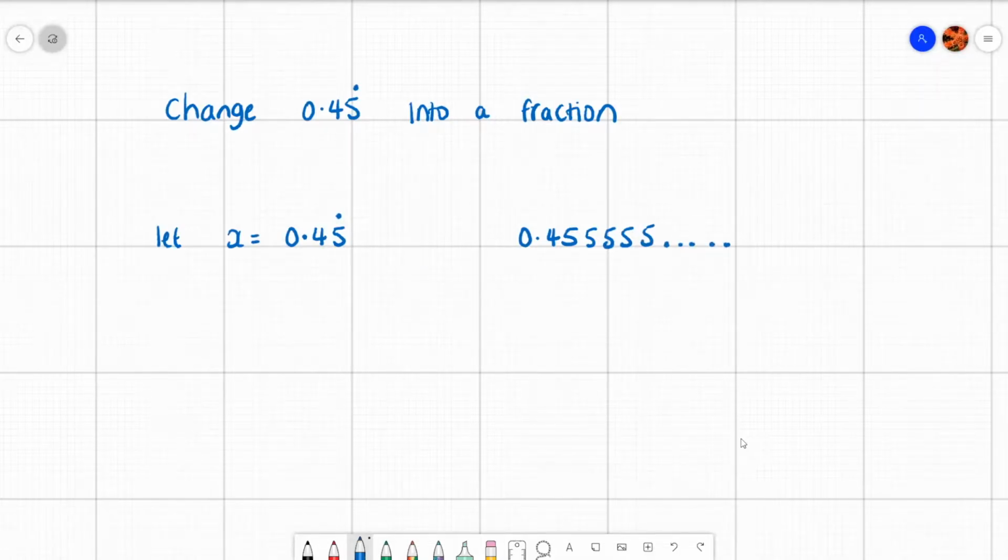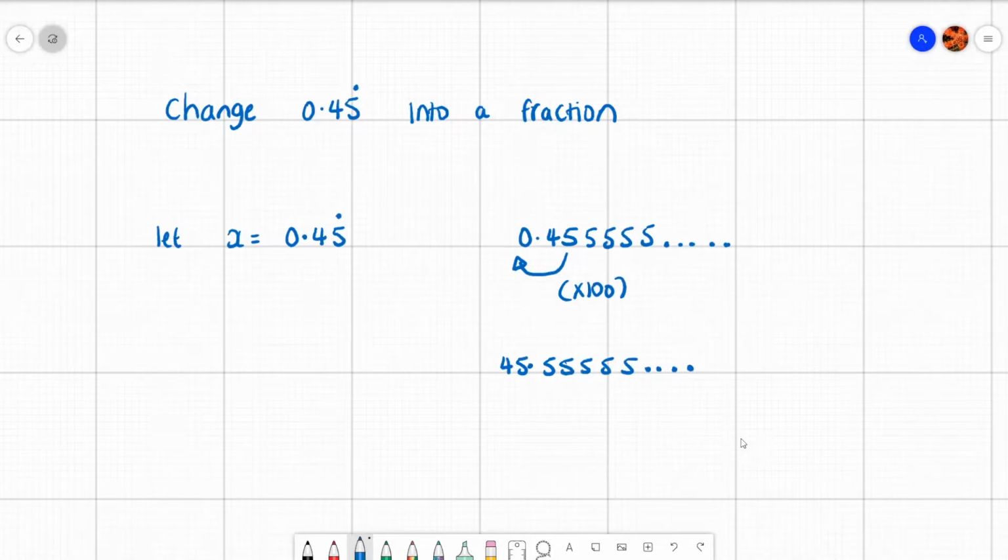Okay. We need to times this decimal by something so that the number 5 goes onto the other side of the decimal point, because that's recurring, that's being repeated. We can times this decimal by 100. And when we do that, we end up with 45.55555 recurring and so on.